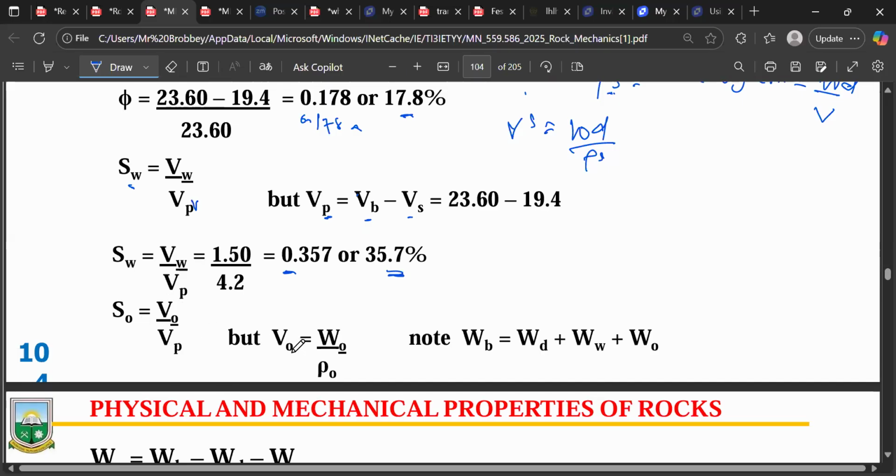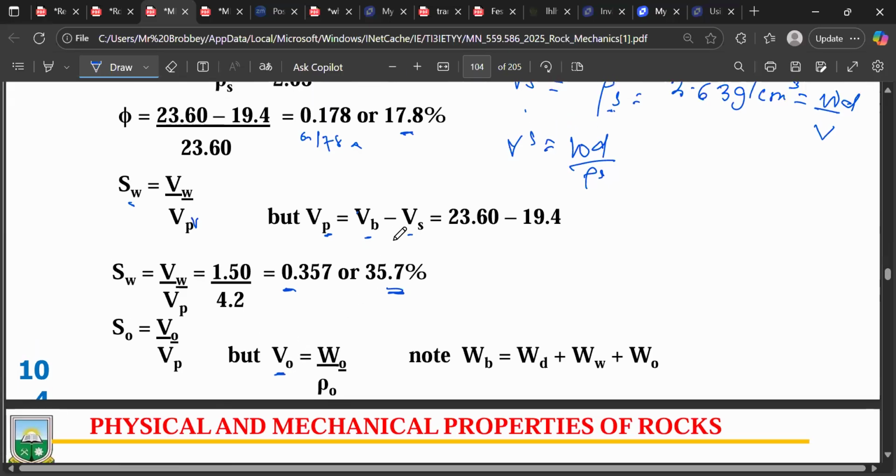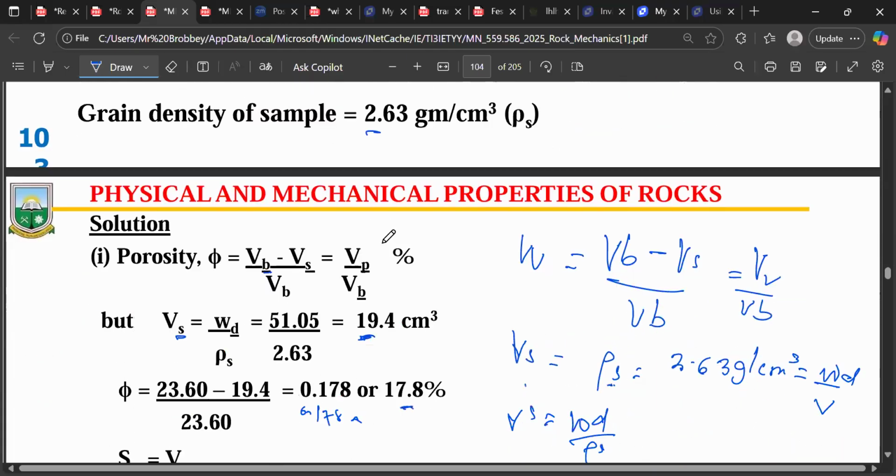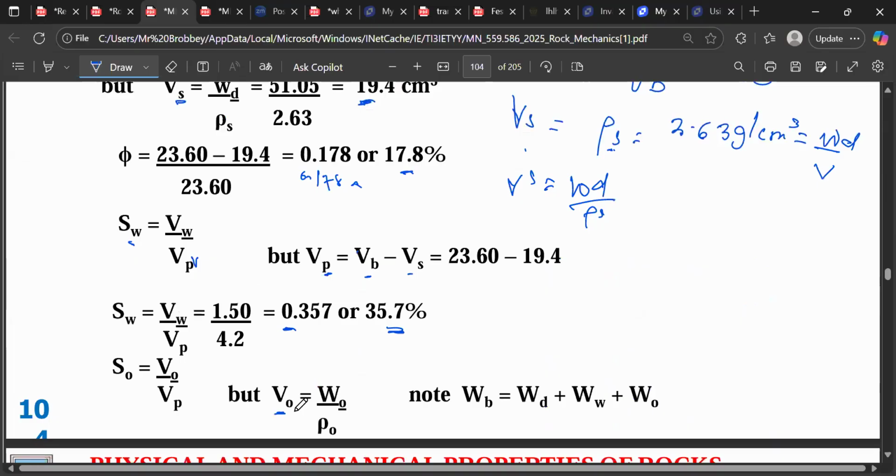But we were not given VO directly, so we would have to manipulate the density formula again so that we can get the volume of the oil. We were also not given the weight of the oil. We were only given the density. In other words, we were given one parameter to find these two parameters before we can find S oil.